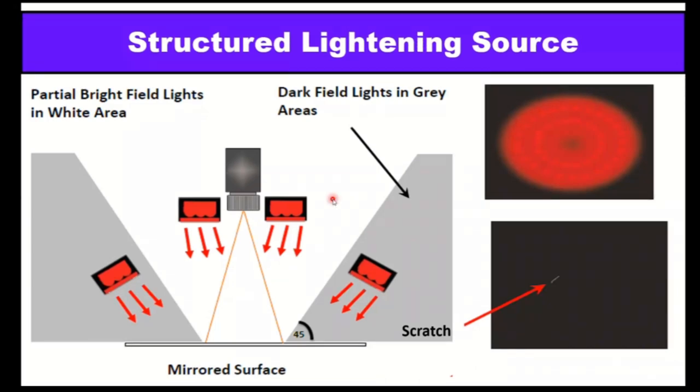Another thing is structured light. Now sometimes we are interested in very minute and very small details like surface scratches. In this case, we define a particular structure to detect our required parameter.